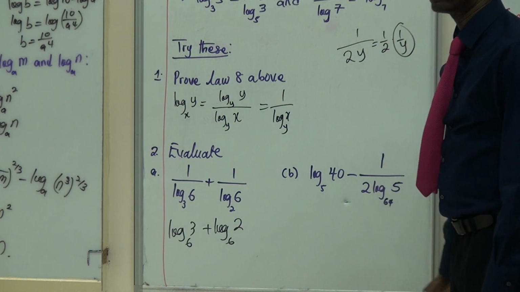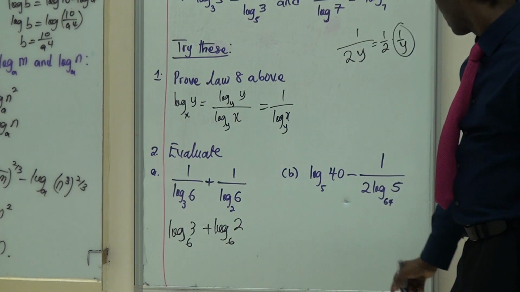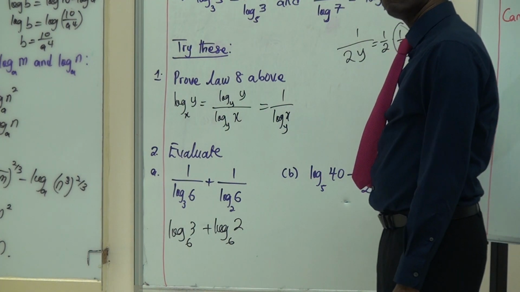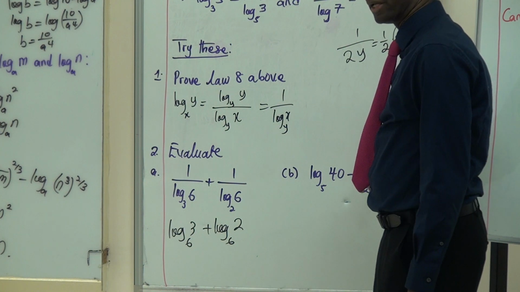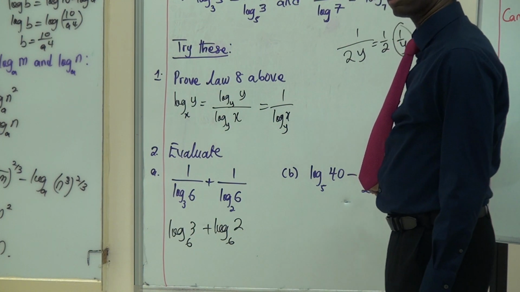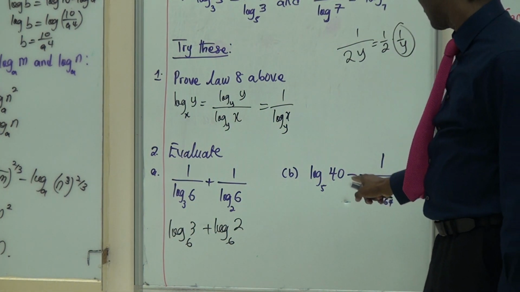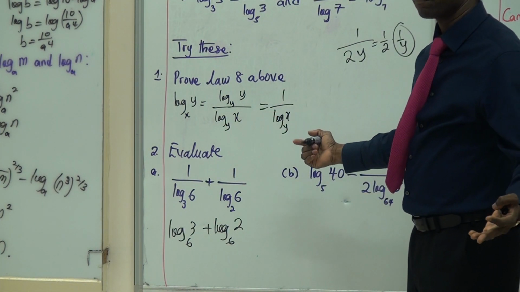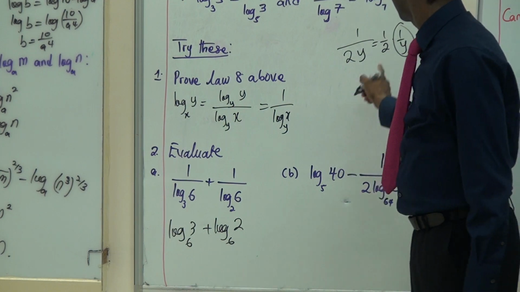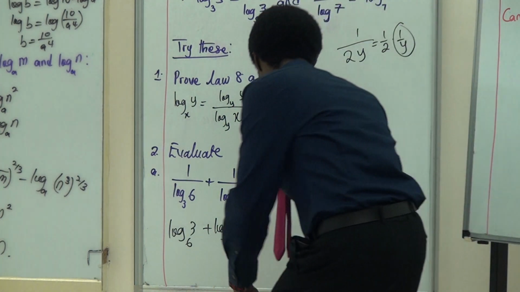Just maintain your half. Or you could take this back. But my fear is, if you take this and make it 25, by the time you flip it, that becomes base 25. And this will be base 5. It's pointless. So let's leave it as half.